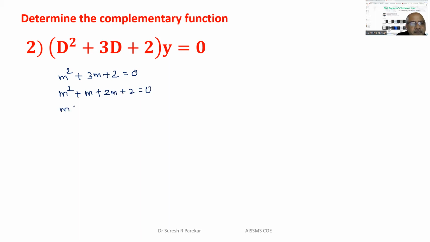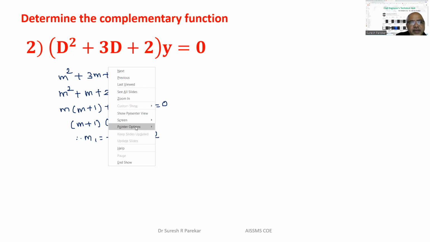And then taking m common from the first, m into (m plus 1), taking 2 common from this, (m plus 1) equal to 0. And then we have (m plus 1)(m plus 2) equal to 0. So we have factors m1 equal to minus 1 and m2 equal to minus 2.